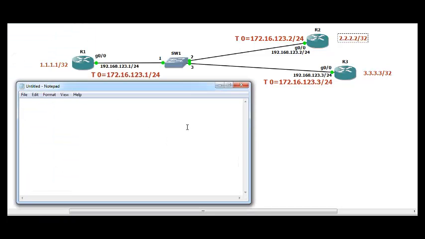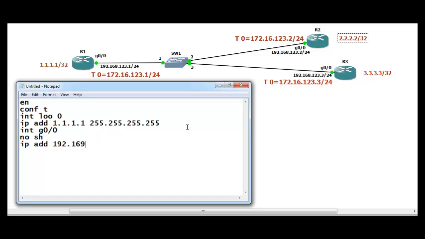I'm on router 1. I'll say enable, config t, interface loopback 0, ip address 1.1.1.1 255.255.255.255, interface gigabitethernet 0/0, ip address 192.168.123.1 255.255.255.0, and there is no other configuration needed.